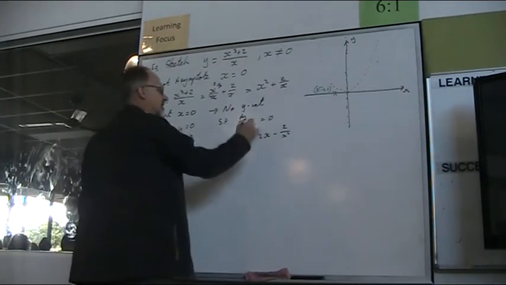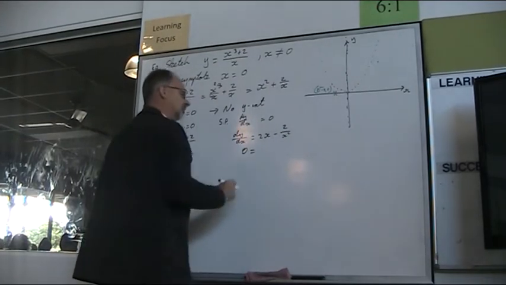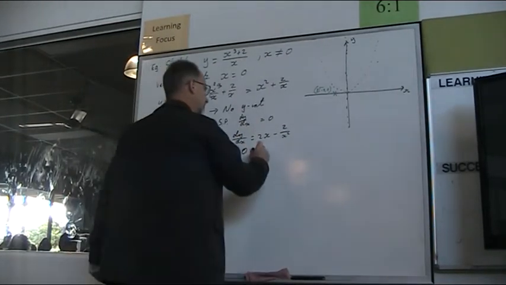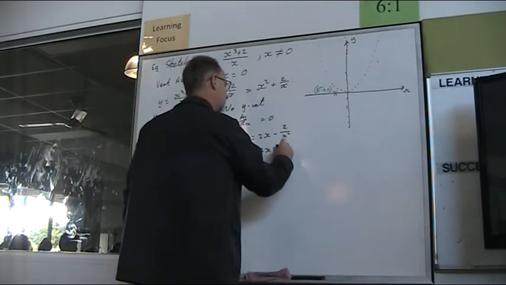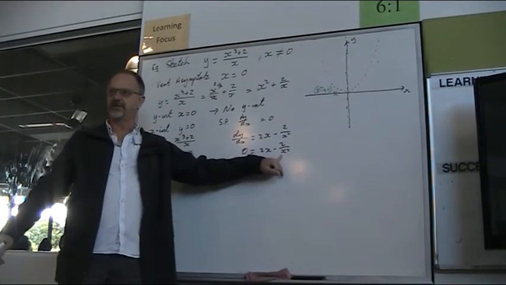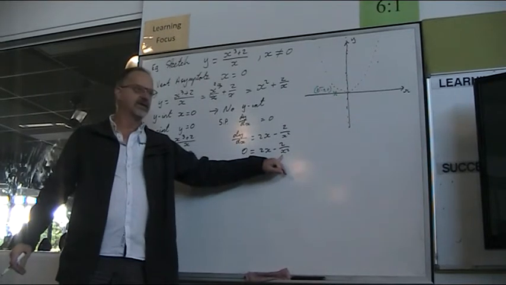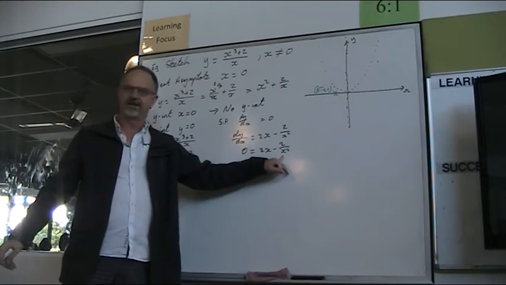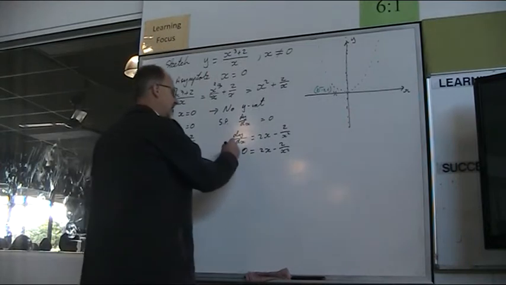Alright, and dy/dx has got to be equal to 0. 2x minus 2 on x squared. Got that x squared down the bottom here. It'd be nice if we didn't have that. So how can we get rid of it? Times everything by x squared.